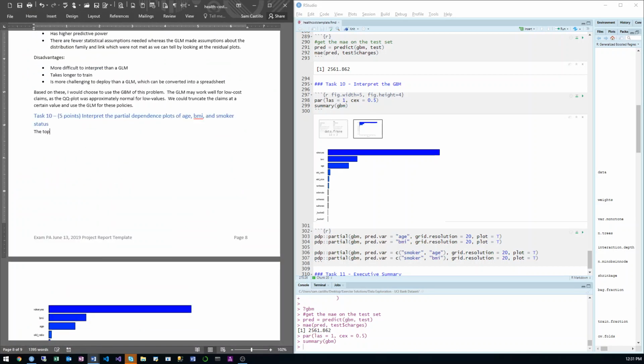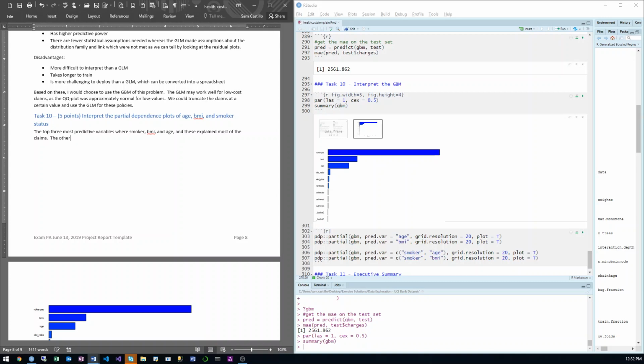The top three most predictive variables were smoker, BMI, and age. And these explained most of the claims.